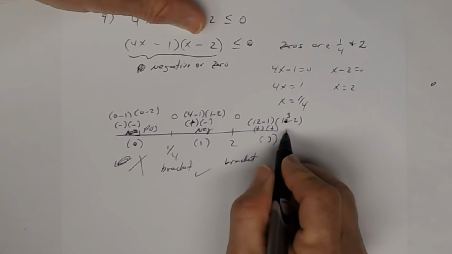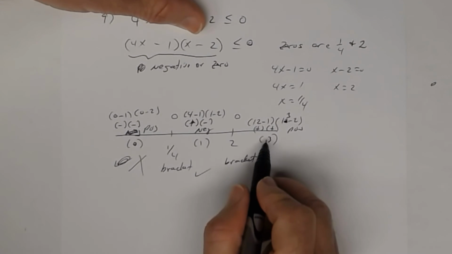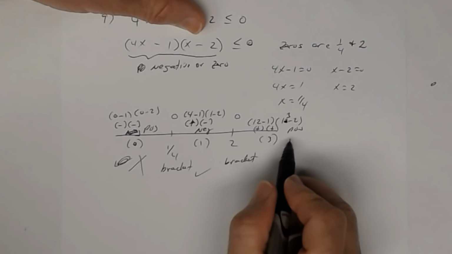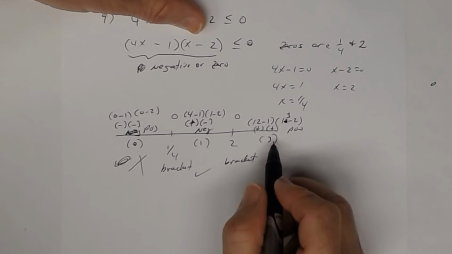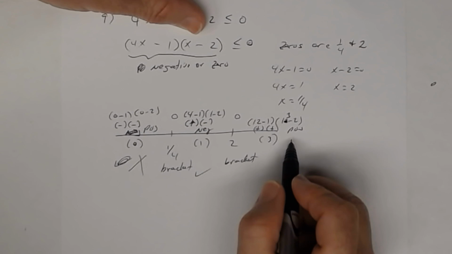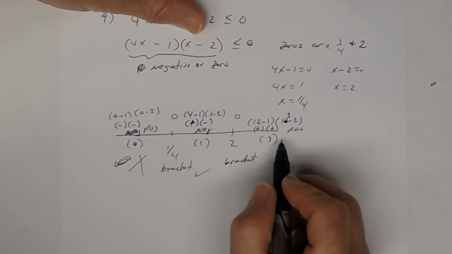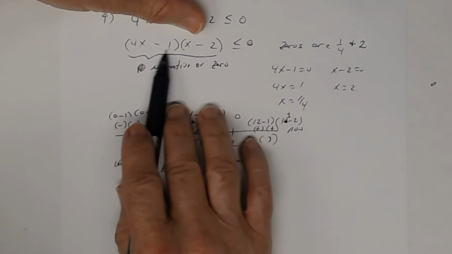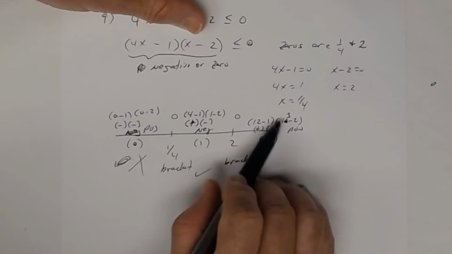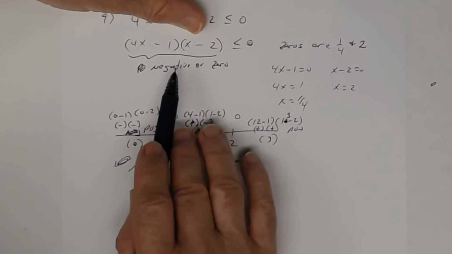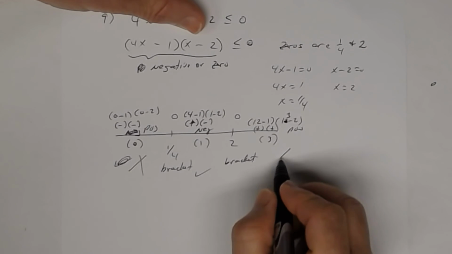A positive times a positive is a positive. What I found is that no matter what test point I use, 3, 4.7, 100, no matter what test point I use that's in this interval, that test point will make this product positive. Is that something I want? No, I want negative, so I'm not going to use that.